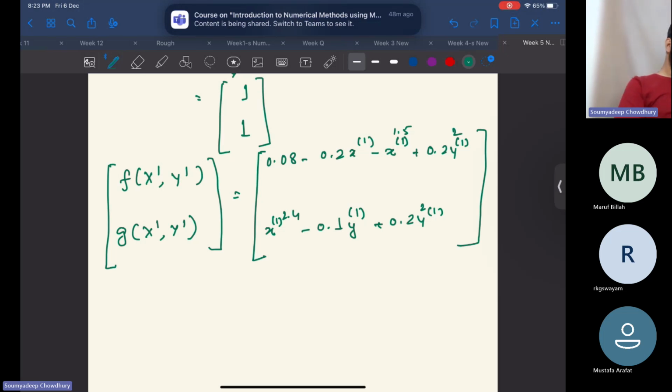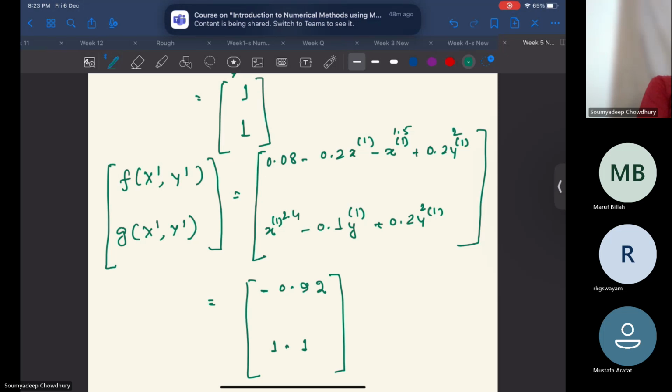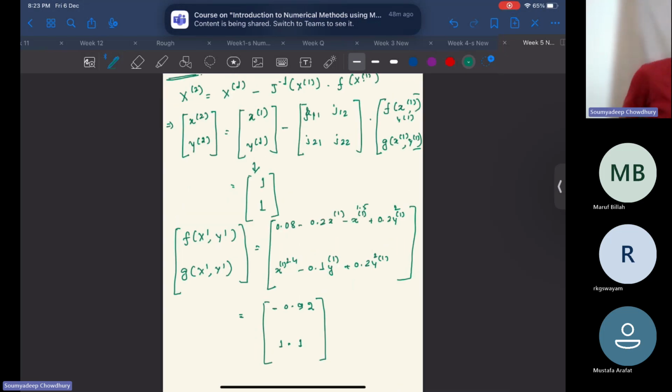So this is the value. Now x of 1, y of 1, you know, so we can substitute it here, and I'm directly writing what we will get. If we substitute x of 1 as 1 and y of 1 as 1, we'll get minus 9.92 and 1.1. So this one you have. Now your next job is to find the Jacobian matrix. So up to this, is it clear? Any doubts?